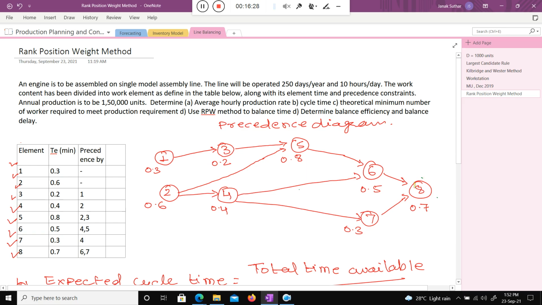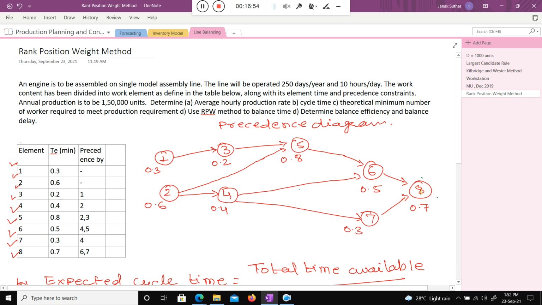When I talk about how to provide the weight to a particular work element, start with the last element. Here the last work element is 8.